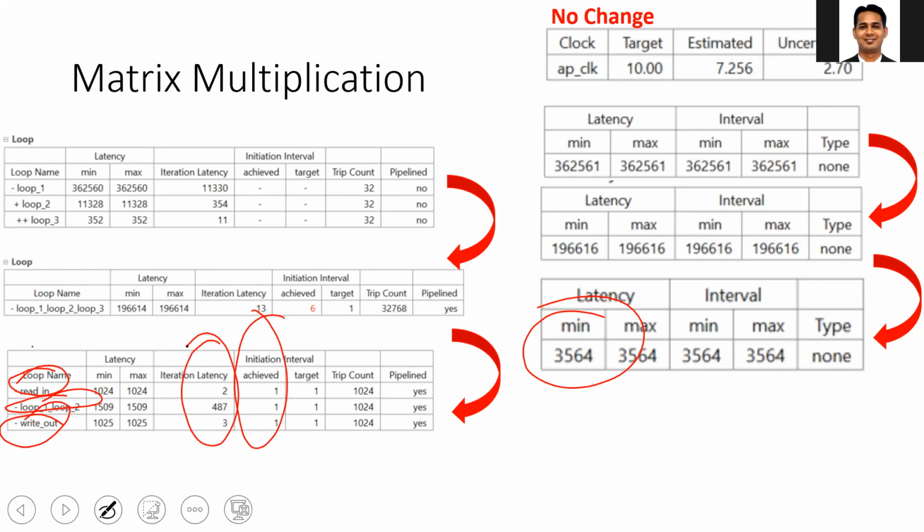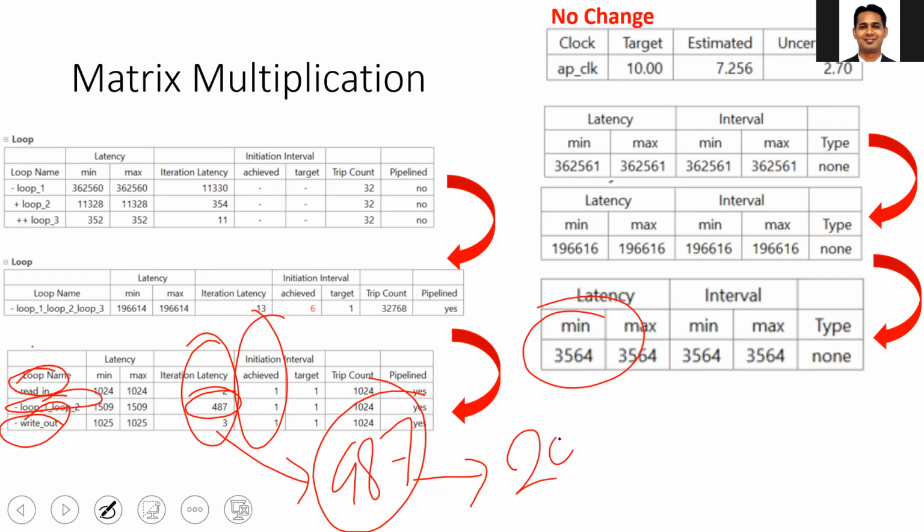So the homework for you is to find out why the iteration latency is 487. If you can reply to me with the possible explanation and the process, what is the issue in our code, so that if you remove that issue, you can get a significant improvement from this 487 to around say 200 or something.